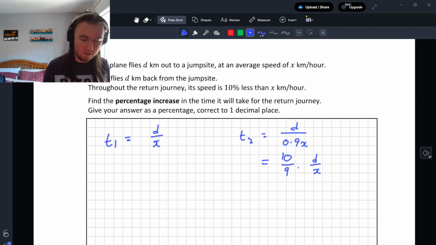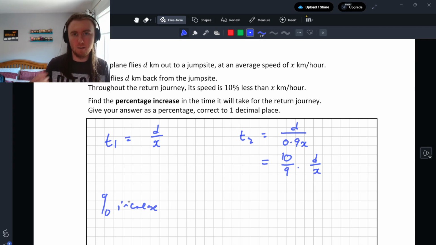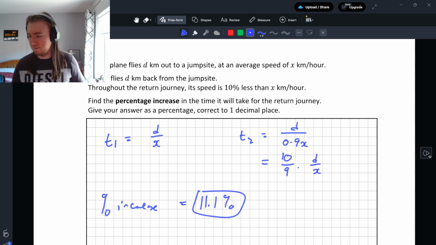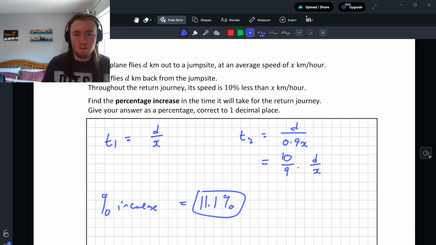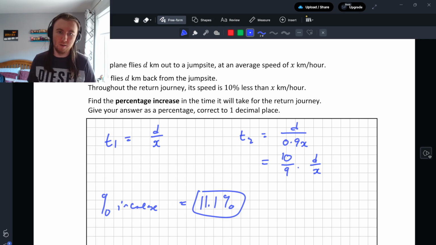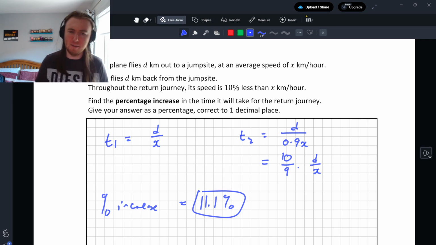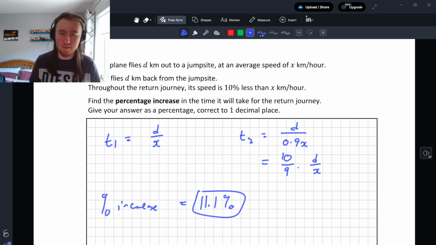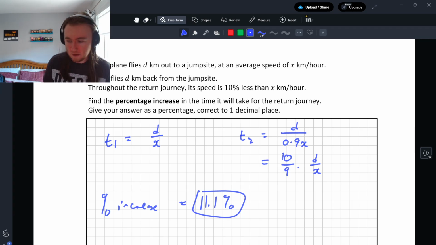My immediate guess is the percentage increase goes from 9 over 9 to 10 over 9, so that's an increase of 1 over 9, is 11.1%. Because it increased by a ninth of that, so you have 1 over 9 d over x plus that. Yeah, I think it should be 11.1%. If not, then so be it. But that's where I'm calling it.